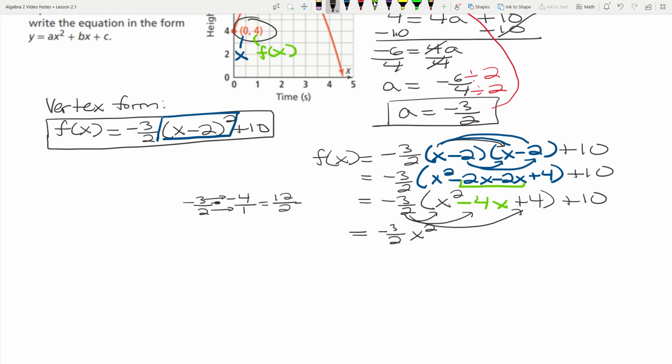So 12 divided by 2 is 6. So that means this is going to give me positive 6x. Okay? And in the same way, negative 3 halves times positive 4 is going to be negative 6. Then plus 10. So you want to combine those like terms, and then you get our final answer: negative 3 halves x squared plus 6x plus 4.